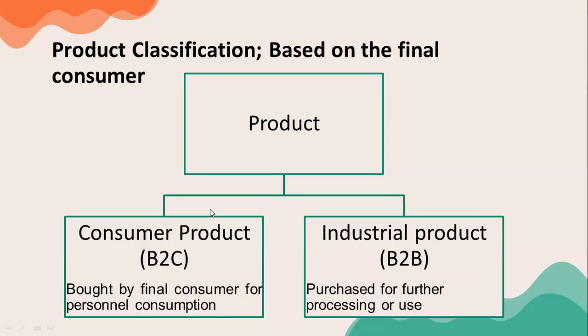Those A4 sheets are purchased for the further processing or further running of the organization. Organization එකේ further running වලට further activities වලට ඕන කරන වැඩ කරන්න තමයි A4 sheets purchase කරන්නේ, not for the personal consumption of the employees. At that time, that product becomes an industrial product. We call it a B2B product.